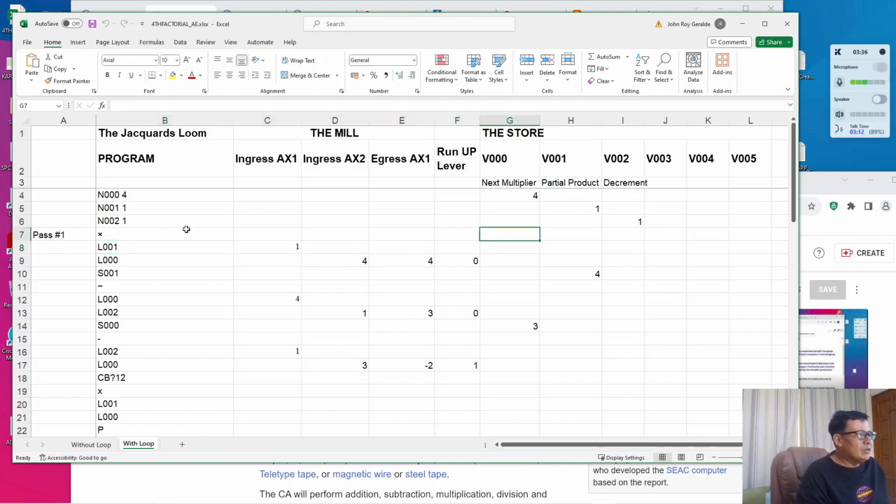And the variables are stored mainly in the memory, then called the store. In the IBM Mark I, the same concept is followed. The source code of the program is stored in the input device, usually an IBM punch card machine, reader and writer. And the variables are stored purely in the memory separately.